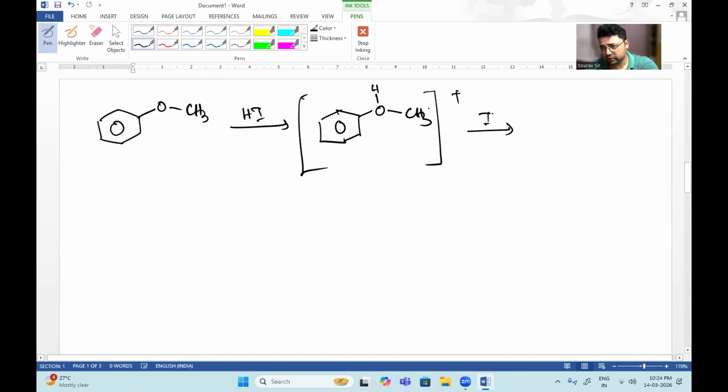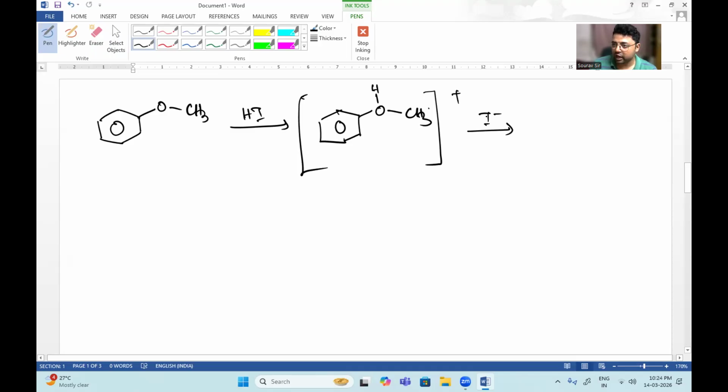Now, whenever you are giving I minus, here SN2 or SN1, any pathway they can follow. Irrespective of the R group present, I minus can never attack this benzene group, because this is an electron rich species and I minus is also an electron rich anion. So there will be a repulsion between electrons.